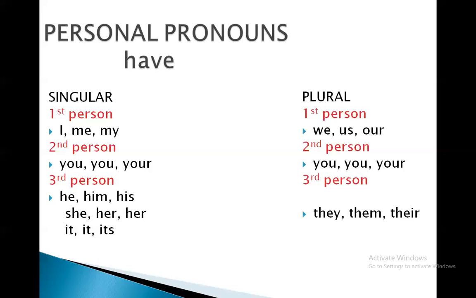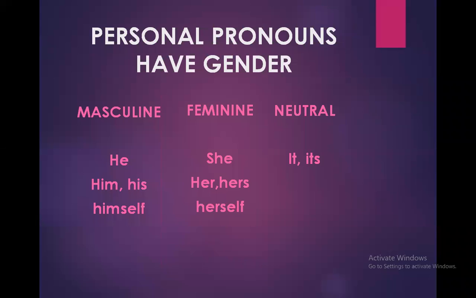And third person singulars are he, him, his, she, her, it, and its. And third person plural are they, them, and their. And here personal pronouns have a gender too, because we are using them instead of a noun.